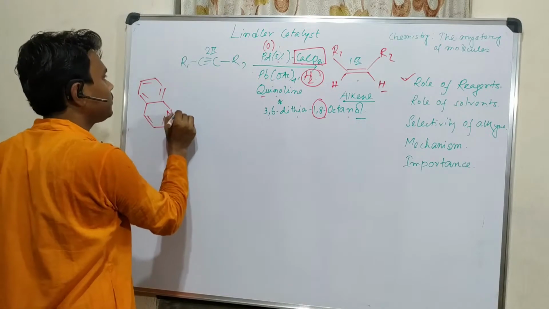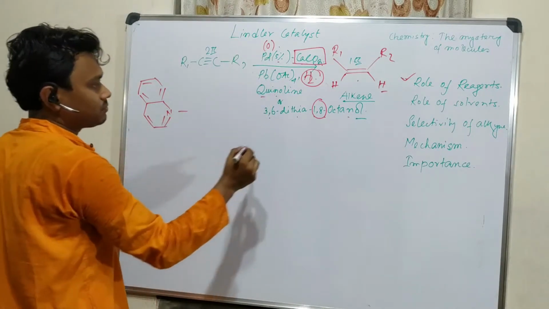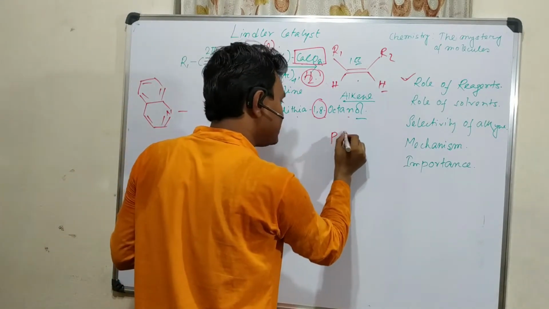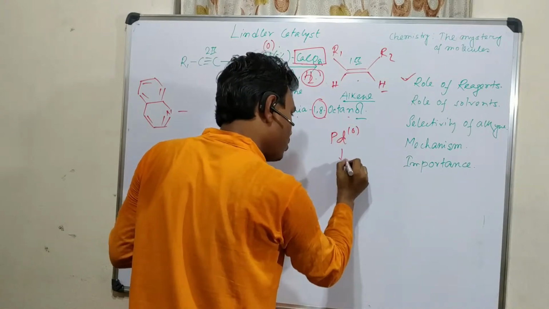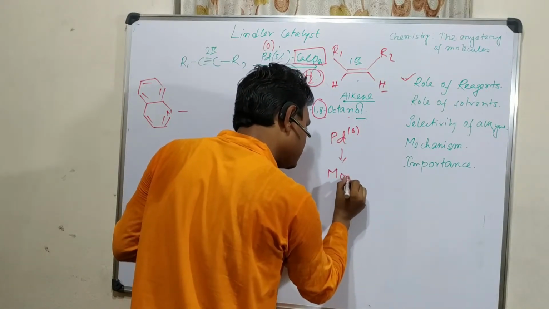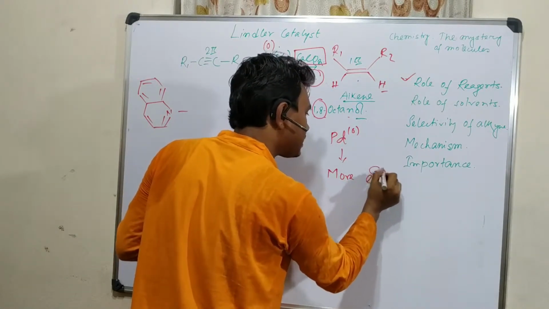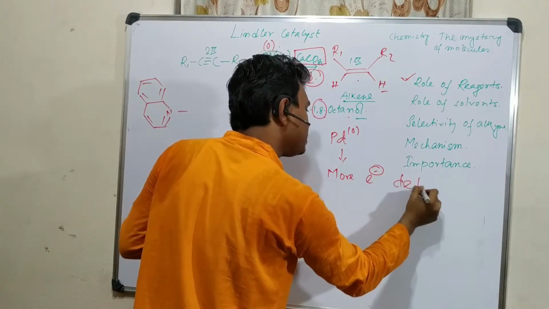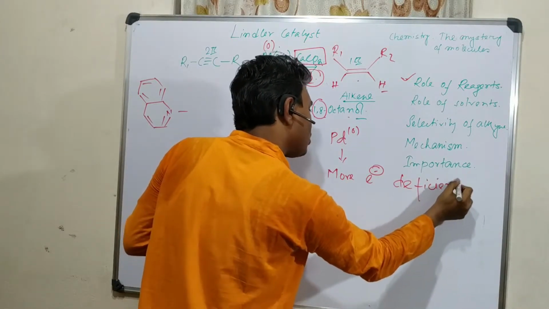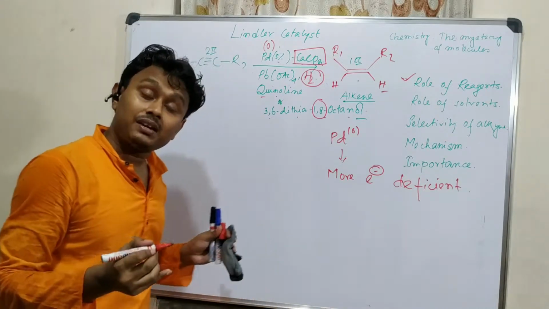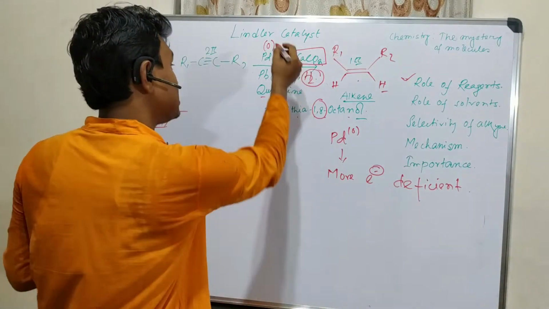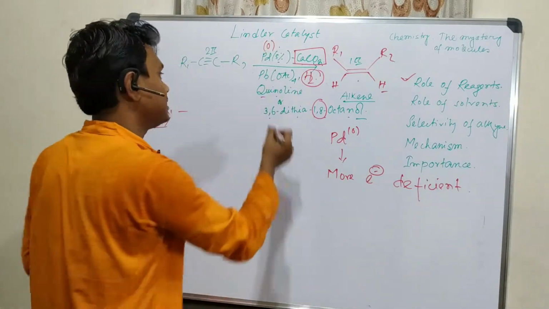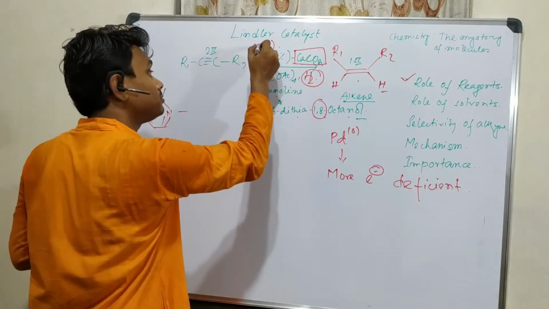One important piece of information is that this palladium 0 is more electron deficient compared to traditional palladium 0 catalysts. So this is the uniqueness of this palladium on calcium carbonate.